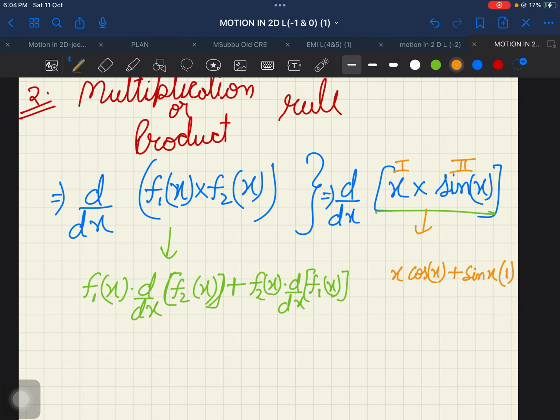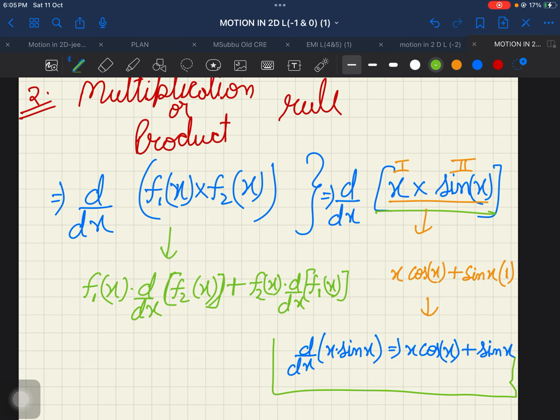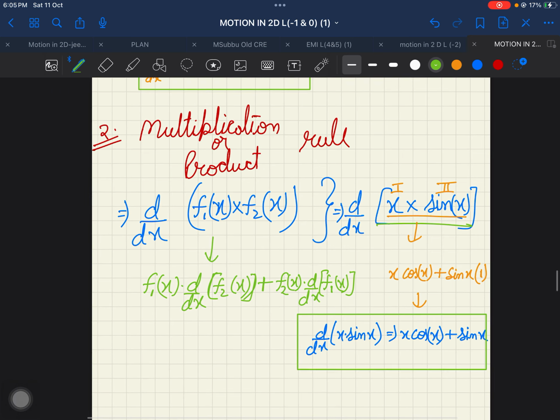So the differentiation of x sin x from the product rule is nothing but x cos x plus sin x. That's it. That's how we use the product rule here. I hope this is very much clear.